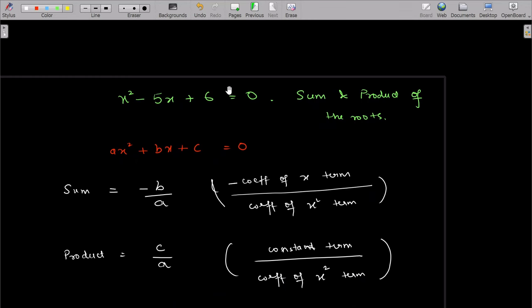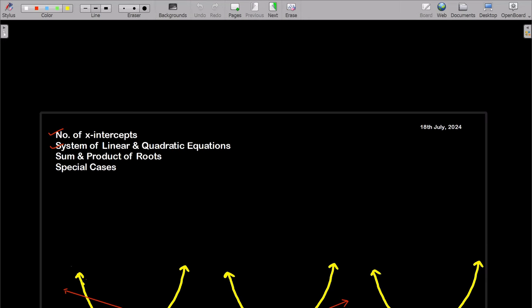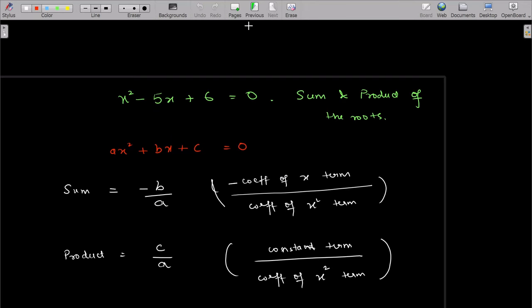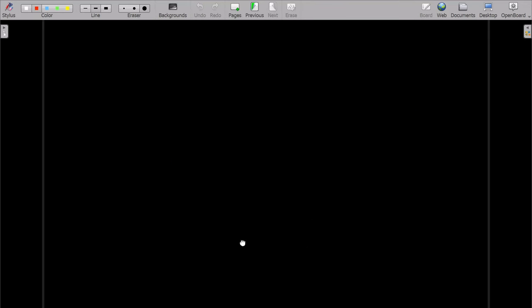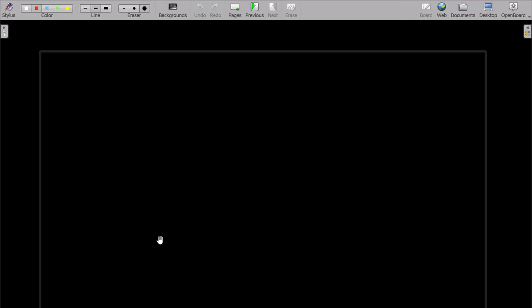Okay. Now, the next topic was special cases, which is again really important. So there are some special quadratic equations which can be solved by using some algebraic identities. There are 3 fundamental algebraic identities.